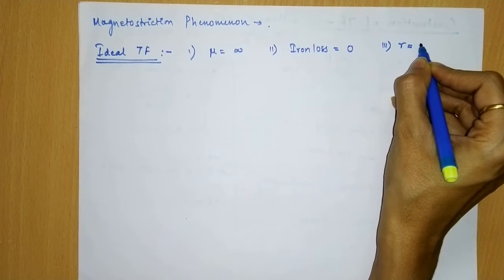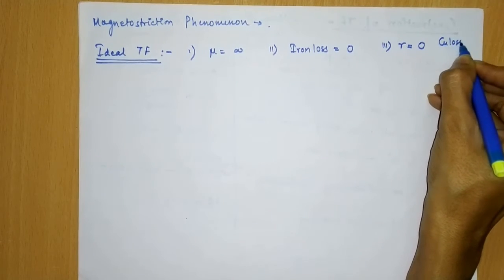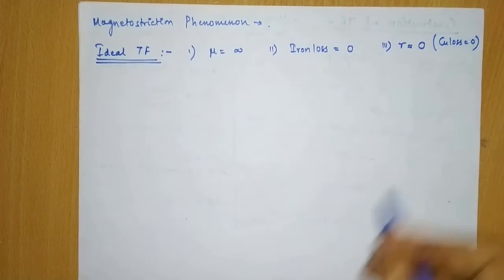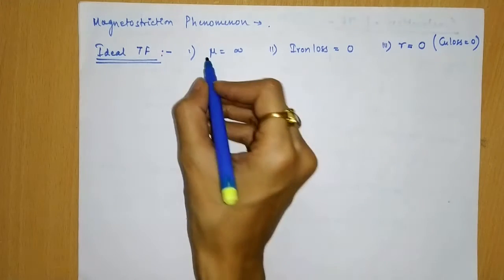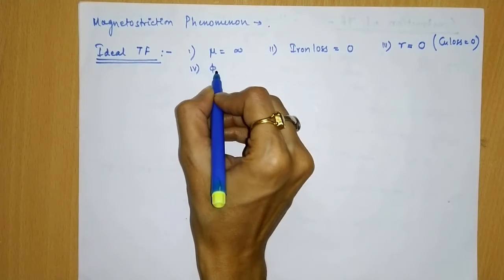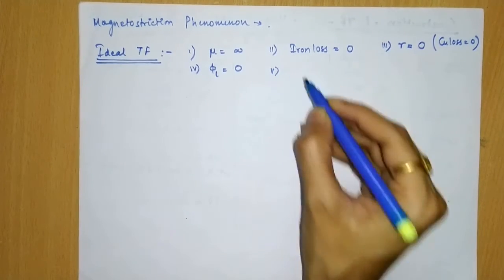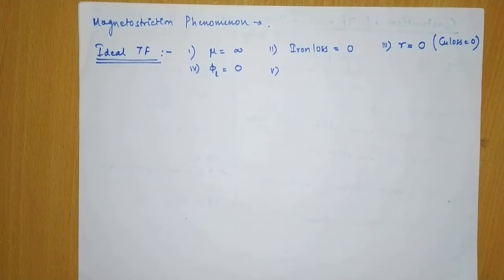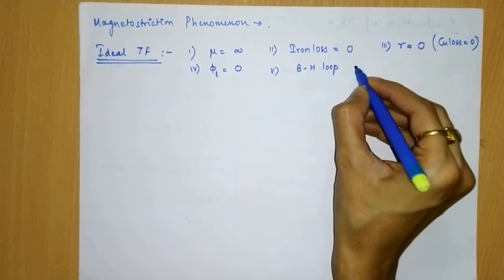Resistance of the winding should be 0 in order to have 0 copper loss. Magnetic circuit without any leakage flux, that is, leakage should be 0. Magnetic core with linear hysteresis loop, that is, the BH curve must be linear.